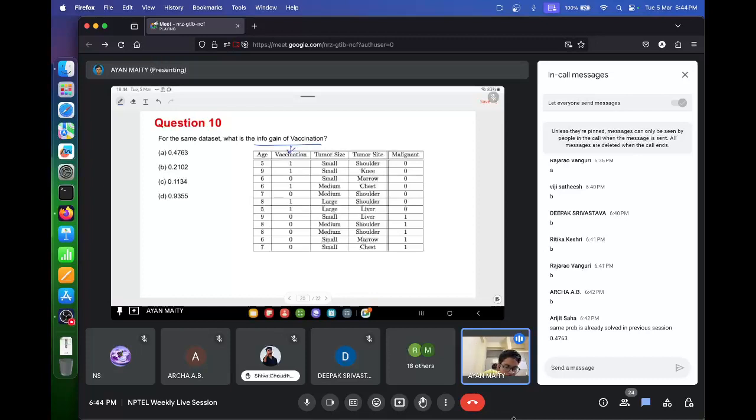Avrijit Shah says same problem is already solved in previous session. Oh, okay. 0.4763. Okay. Yeah, it might happen. Some questions might be similar in different live sessions.